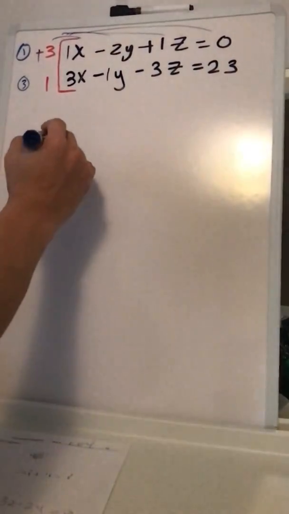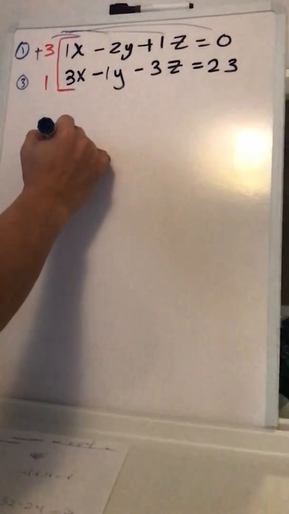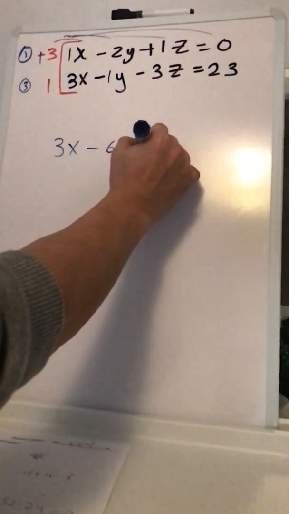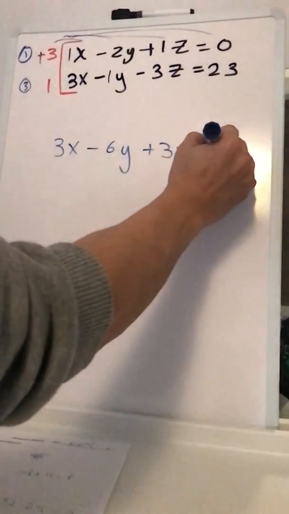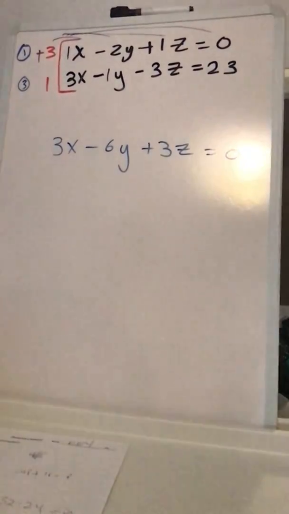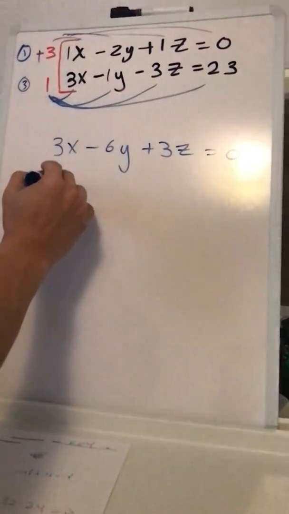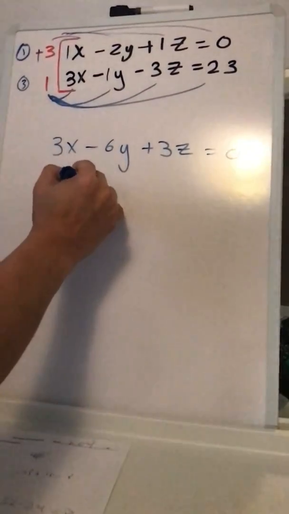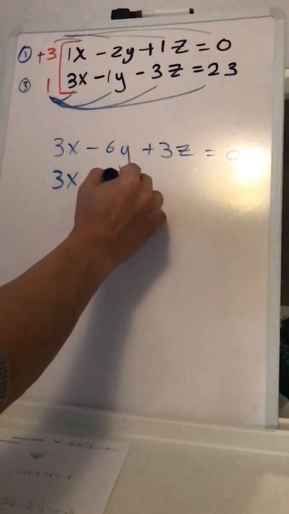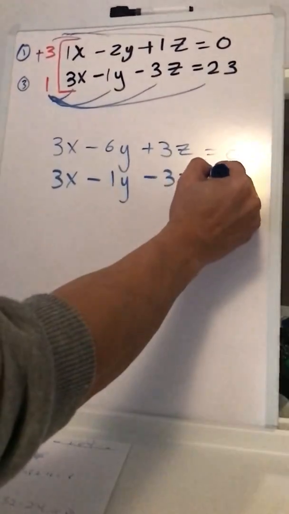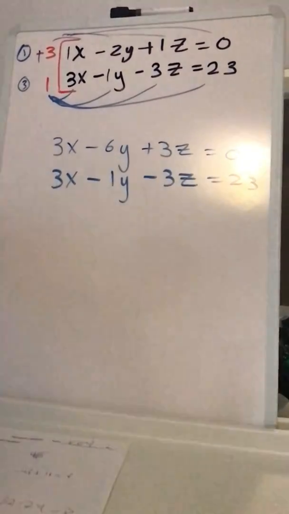Let's do that. I get 3x minus 6y plus 3z equals 0. Then the bottom part: 3x minus 1y minus 3z equals 23. That was easy because 1 times everything is itself.